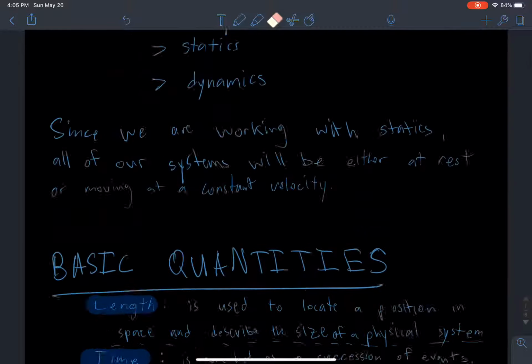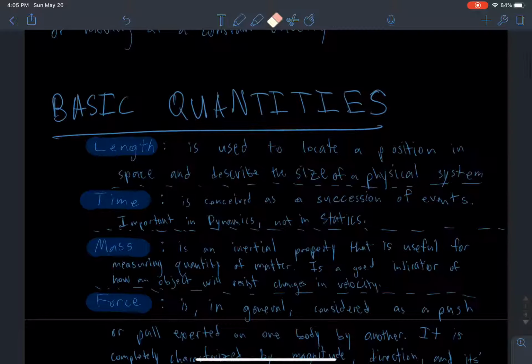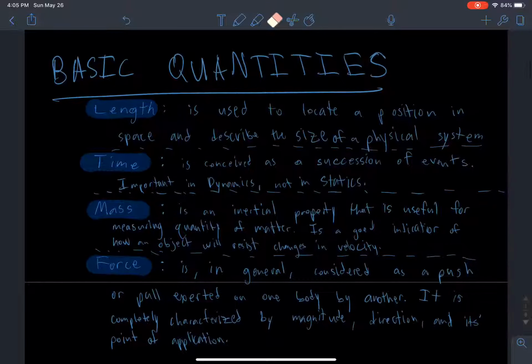So it would be static in that case, both of those cases.